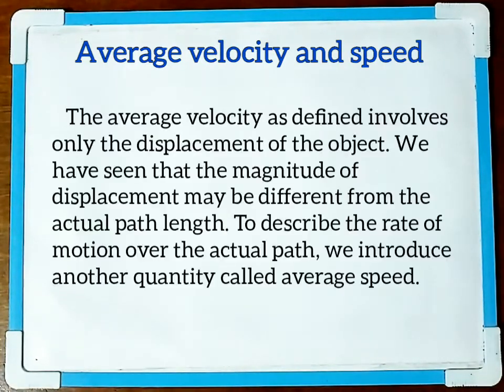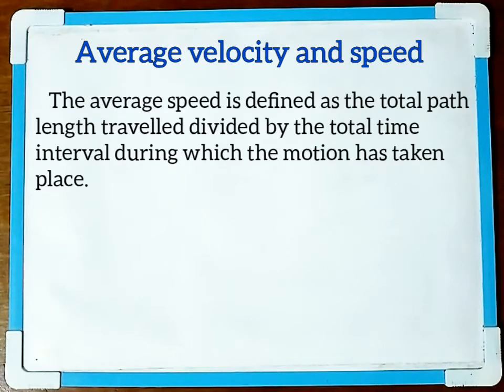Now the average velocity involves only the displacement, but as we have learned earlier, displacement and path length are different. So to describe the rate of motion over the actual path length, we introduce another quantity called the average speed. Now the average speed is defined as the total path length traveled by the object divided by the total time taken by the object to travel that path.